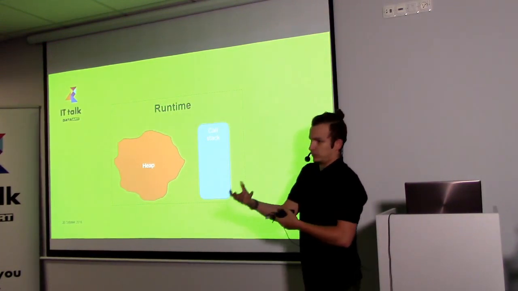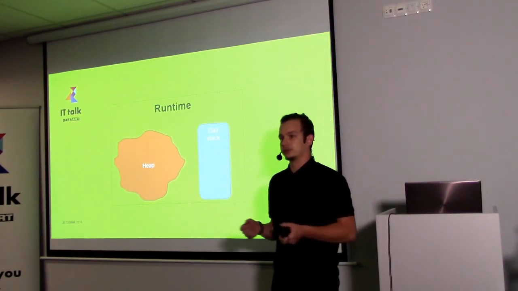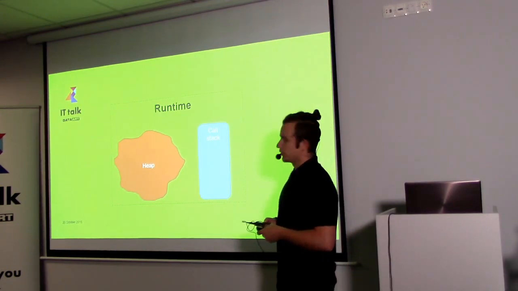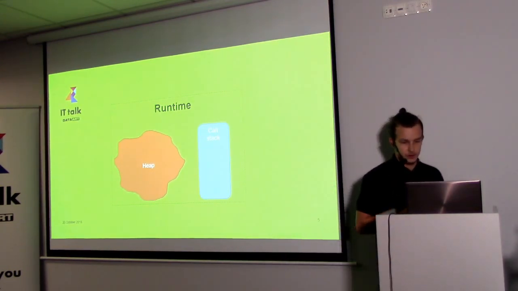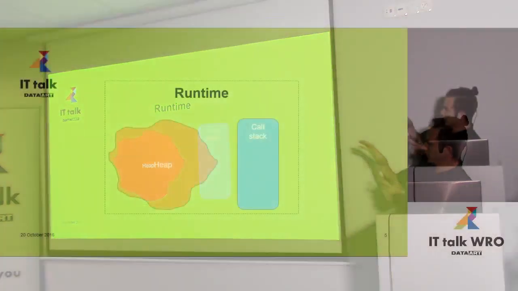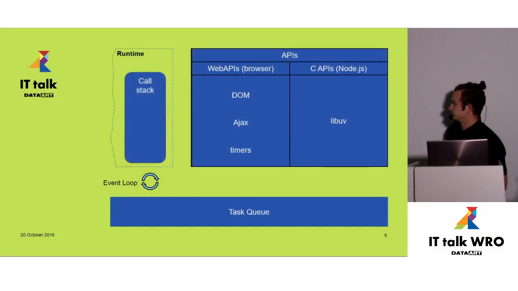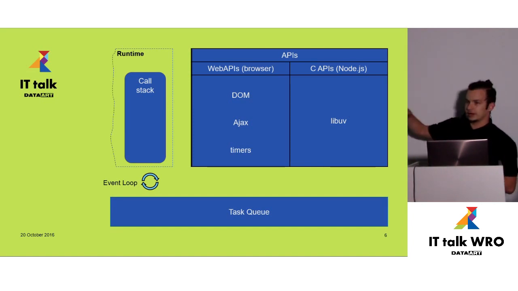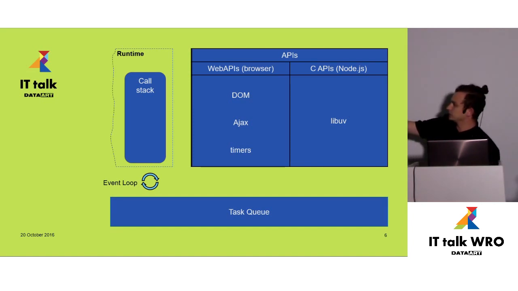For a browser, it means that the picture is not full. If we go to a more complete picture, it would look like this: call stack, I didn't draw the heap, APIs, task queue, and this event loop is our main theme.